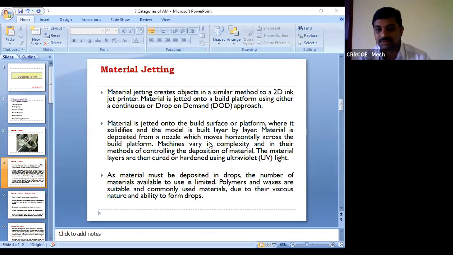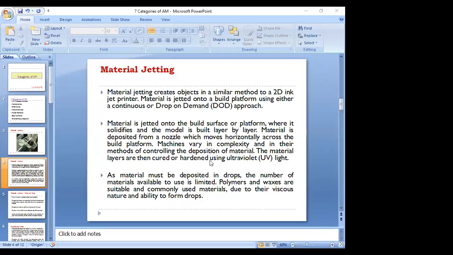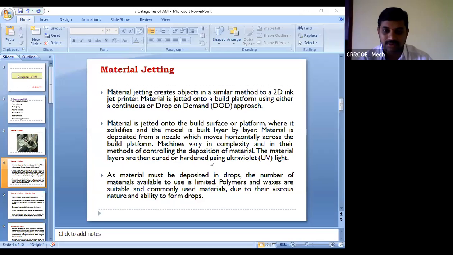So all these things we have discussed. That means how to deposit the material on the build platform, and then the material layers go through the curing or hardening process. Definitely every rapid prototyping or additive manufacturing method requires a curing or hardening process.